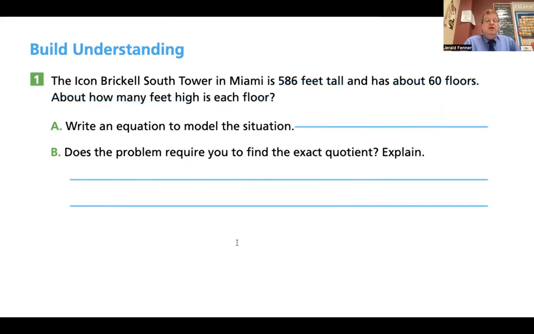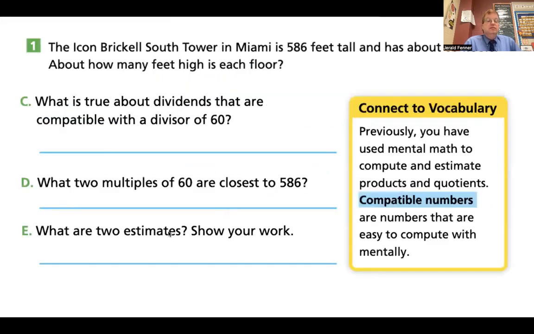Okay. So if we move on, we see we have the vocabulary here. Compatible numbers are numbers that are easy to compute with mentally. So it says the Icon, we already saw this problem about the South Tower in Miami.